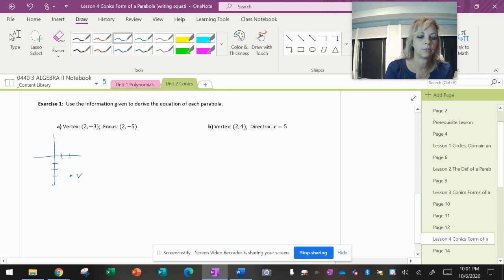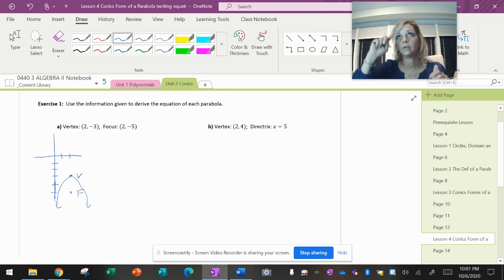And when x is 2 and y is 1, 2, 3, 4, 5, I have a focus. So I know right now that I have a parabola that is going to face downward.